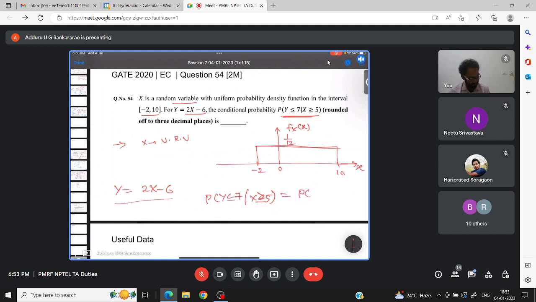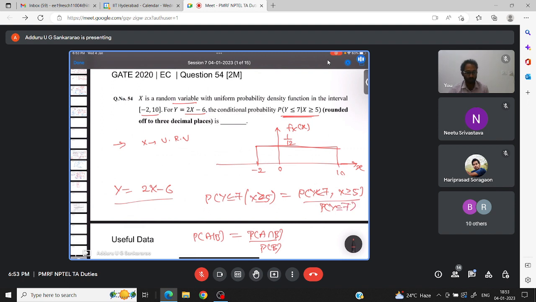P of A given B is P of A intersection B by P of B. I can write P of Y less than or equal to 7, intersection X greater than or equal to 5, divided by P of X greater than or equal to 5.